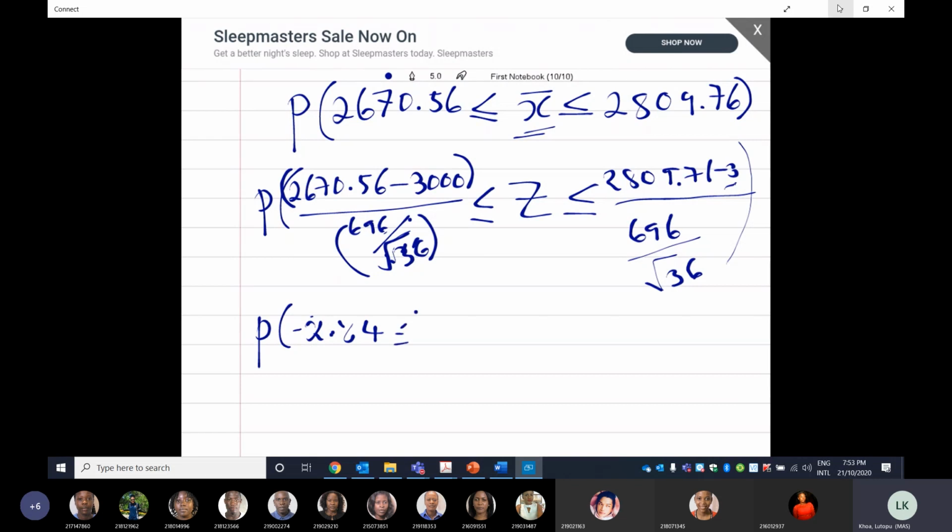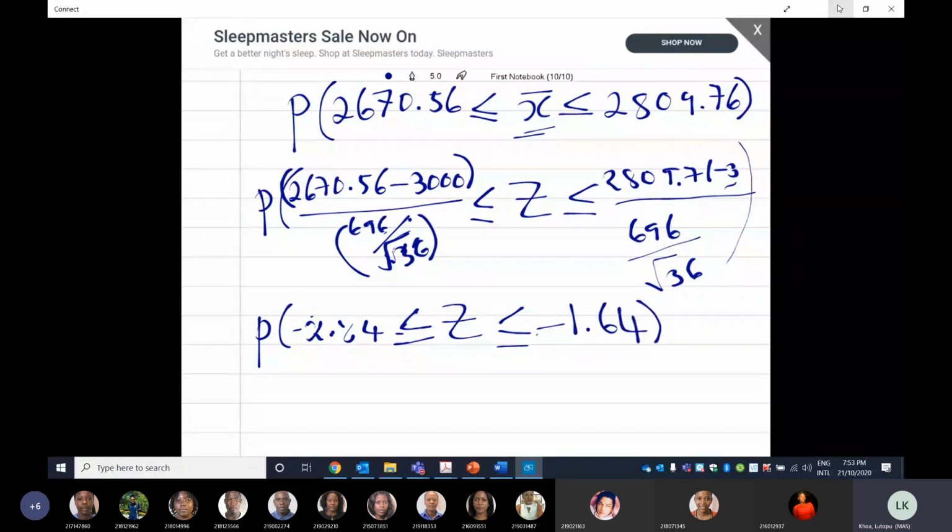Okay, and then when we standardize the one on the right, can somebody tell me what they got? Negative 1.64. Did anybody else get something different? Okay, I also got negative 1.64.